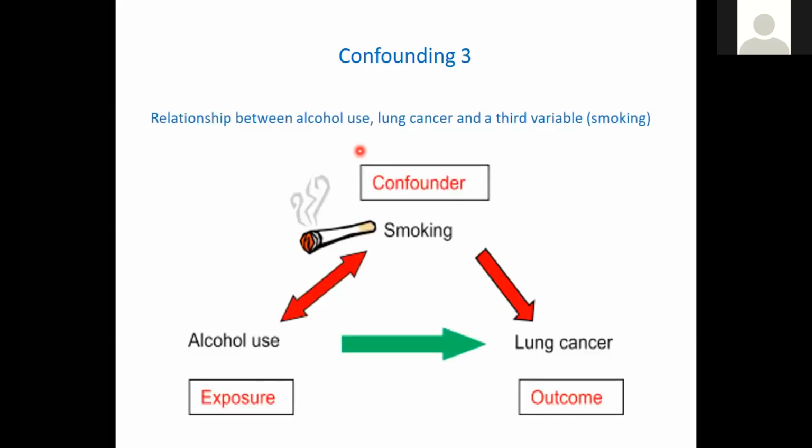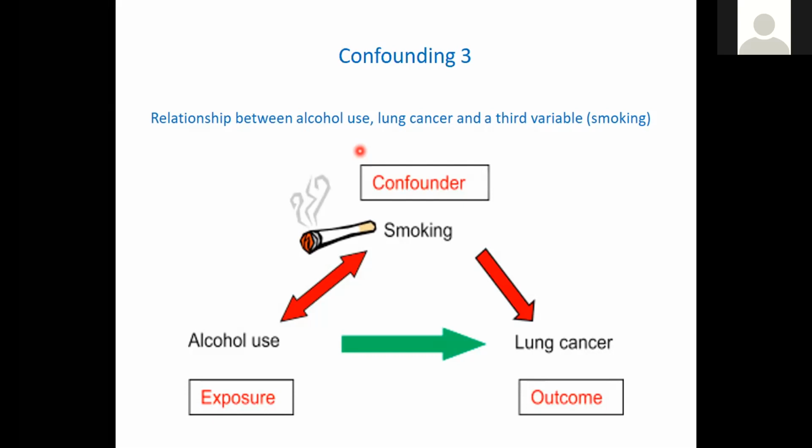Look at this third one: the relationship between alcohol use, lung cancer, and a third variable, smoking. The same thing. You are studying how alcohol leads to lung cancer. Now, smoking is there, and it is also a risk factor for lung cancer. The smoking and alcohol use may be related.